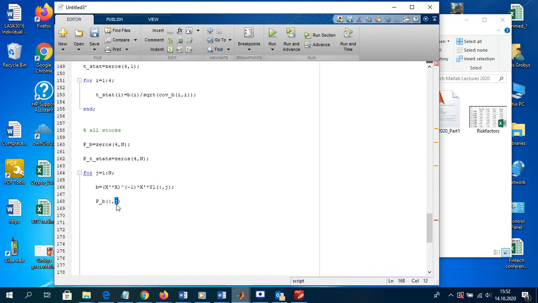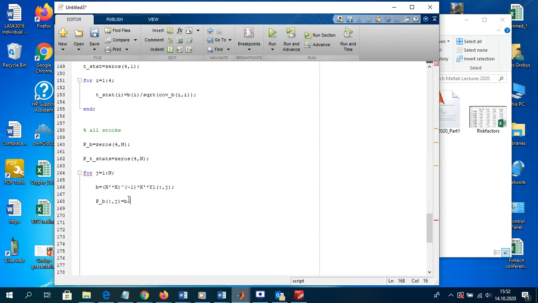In the first iteration, this is 1, and we have obviously 4 rows, so this means all rows. What do we store here? This has the dimension 4 by 1, right? So we can store the B like it is, we don't have to transpose it.